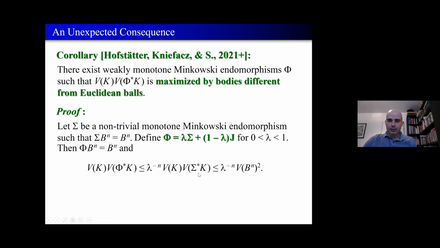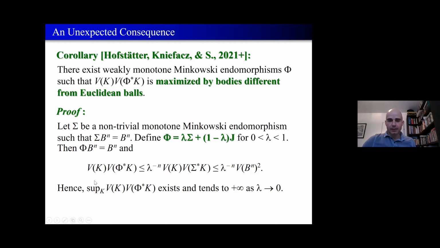So we see that this volume product is bounded from above by a constant, which means the supremum of this volume product exists. But as lambda gets closer and closer to 0, we are moving closer and closer to the J, and the J has unbounded volume product.